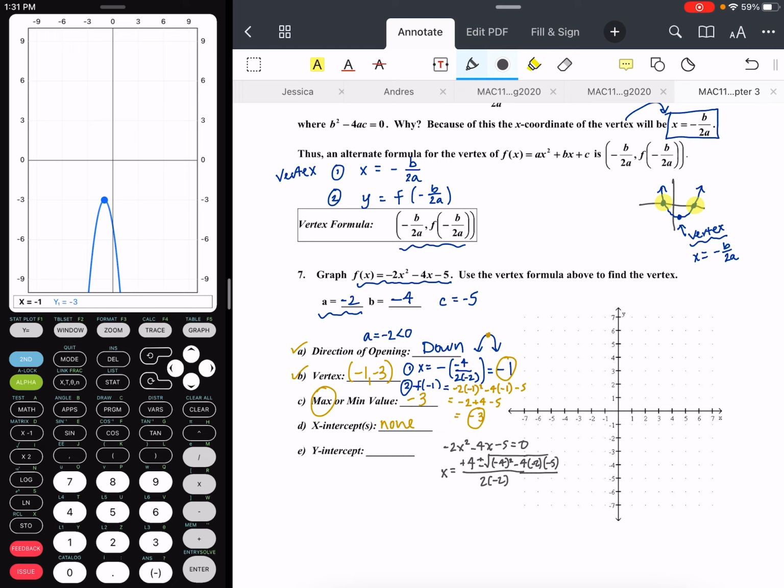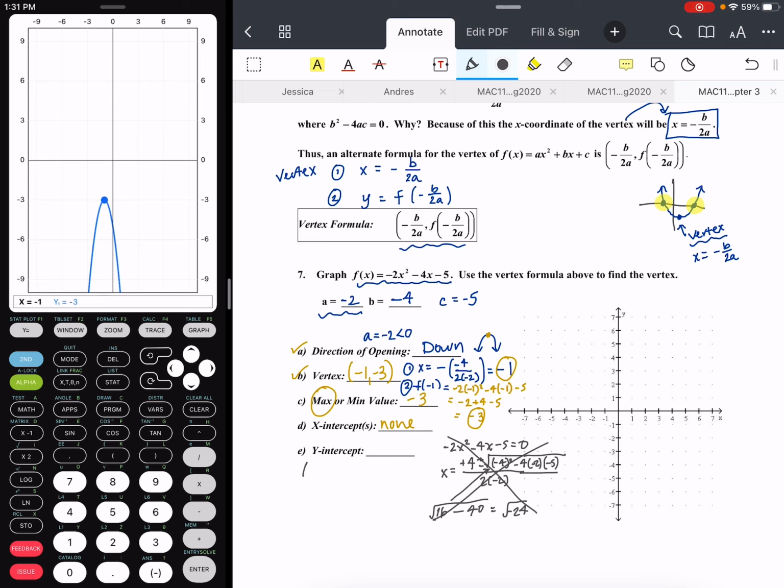And evaluating underneath my square root, negative 4 squared would be positive 16. And then negative, negative, negative is going to give me a negative result. 4 times 2 is 8, times 5 is 40. So under the square root, I'm going to have the square root of negative 24, which will be an imaginary number. So all that work to say, no x-intercept.